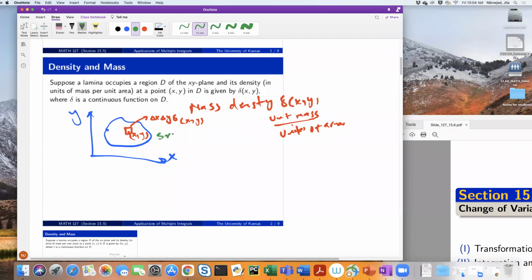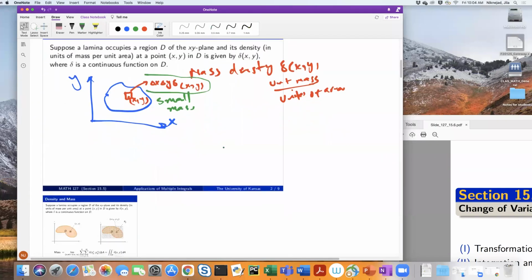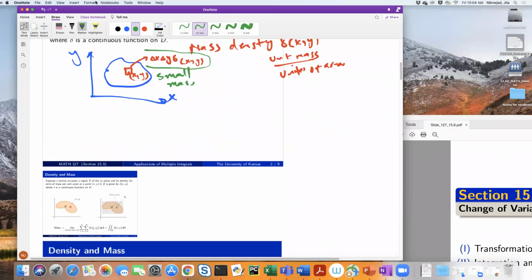It gives you the small mass, right? And then you go from there back to the lamina. These two shapes are the same; I just couldn't draw them the same.